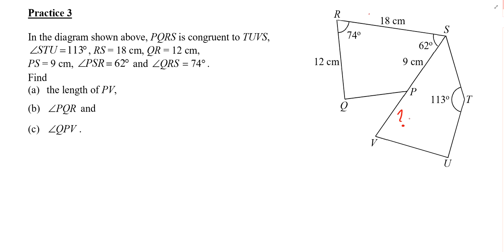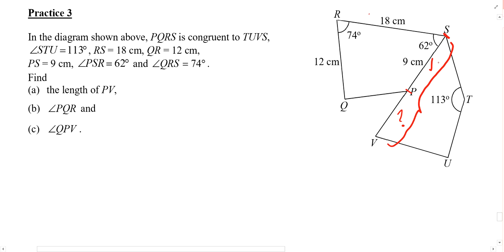How will TV help? Okay, I heard somebody say SP. If you know SP, it is possible for you to find PV, right? But I need one more piece of information besides SP. SV. As long as I know SV and I know SP, then I can subtract and get the answer, right?